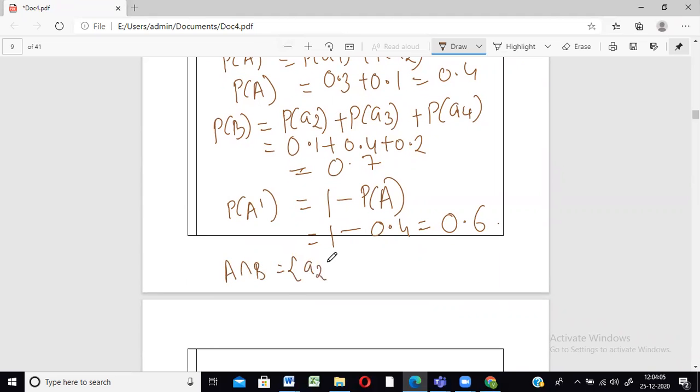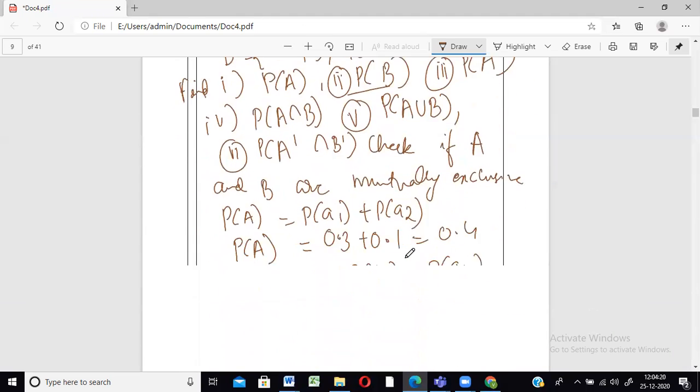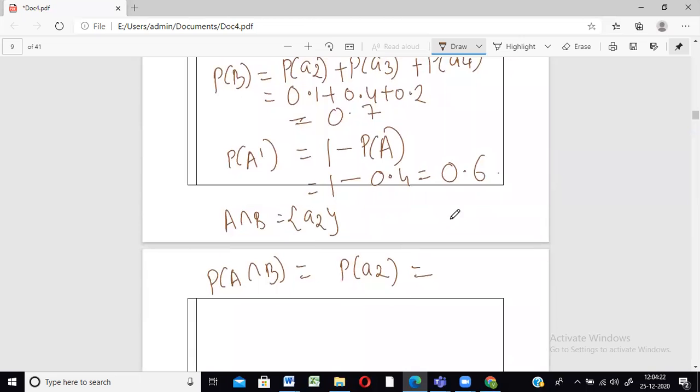You just have that one element A2 common to both, correct? So probability of A intersection B will be nothing but probability of this element only, A2. What is the probability of A2 that was given to us? That is equal to 0.1, right? So we will just write that it is equal to 0.1. Okay.